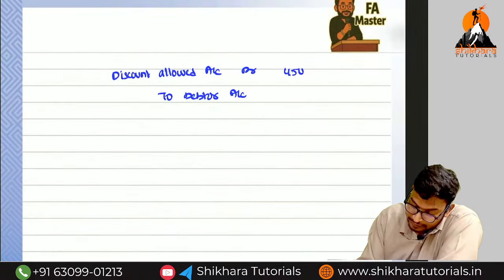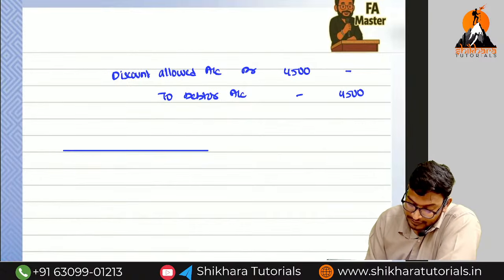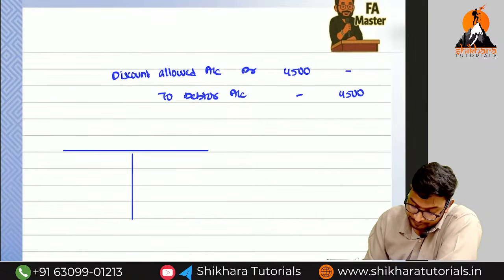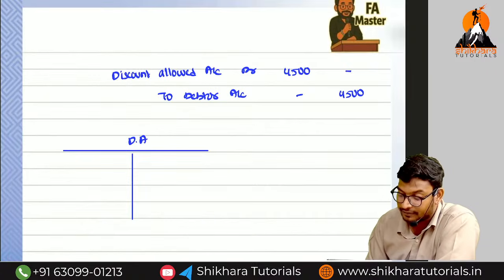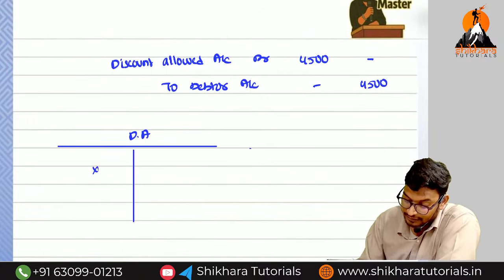I will explain how to prepare the suspense account also, no problem. Discount allowed account, which side? Debit side. In the discount allowed account debit side, we have not recorded, not debited. So in which account have we debited, and credited?